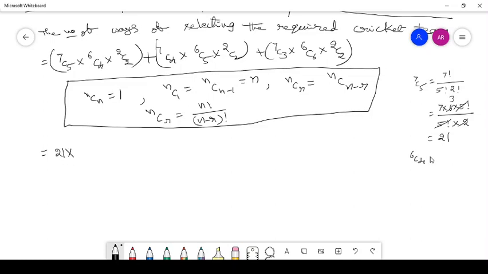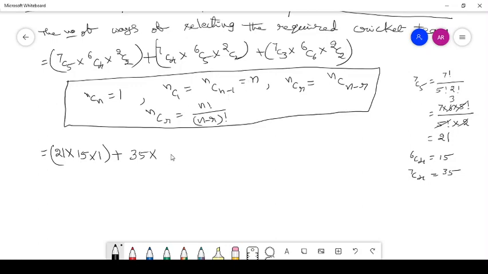In the same way, 6C4 is 15. So 15 into 2C2, and nCn is 1, so 2C2 is 1. Plus 7C4: by using n factorial by r factorial into (n minus r) factorial, this value is 35. 35 into 6C5: this is in the form of nC(n minus 1), and that is nothing but n.